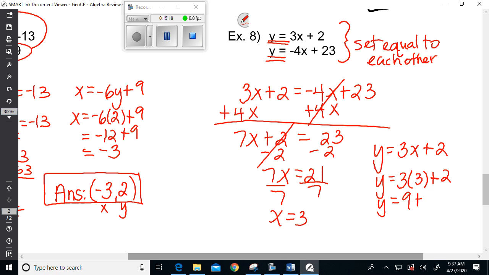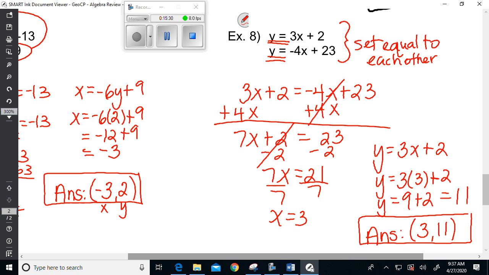So 9 plus 2 equals 11. So your answer is 3 comma 11. 3 comma 11. That's it. That's all.